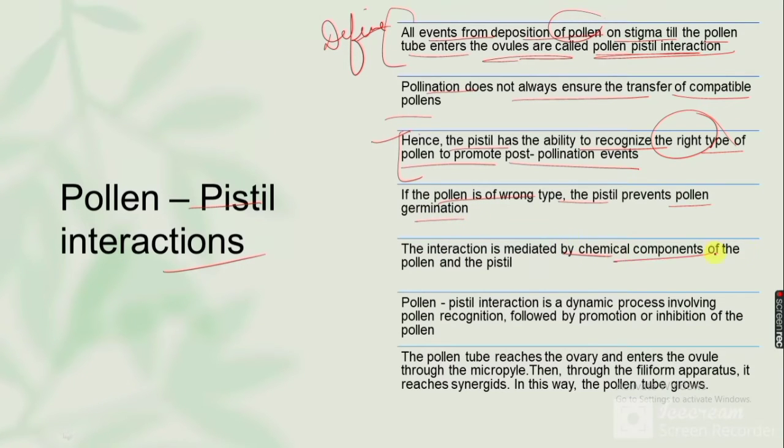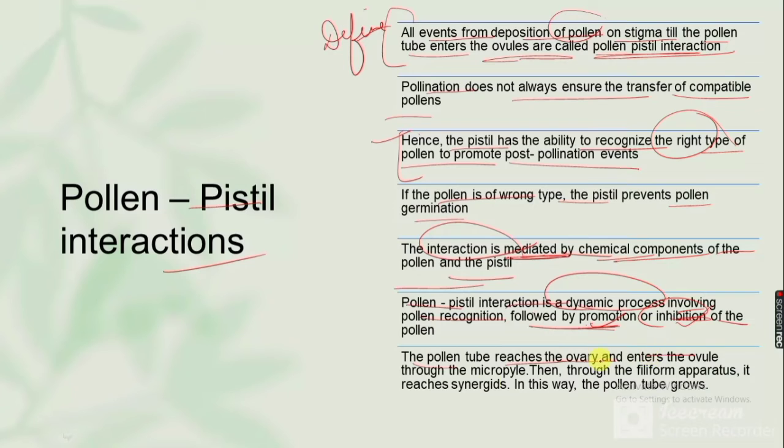The interaction is mediated by chemical components of pollen and pistil. Pollen-pistil interaction is a dynamic process. It involves pollen recognition. Firstly, the pollen is recognized. Then, if the pollen is of the right type, it is followed by promotion, and if it is of the wrong type, there will be inhibition of the pollen.